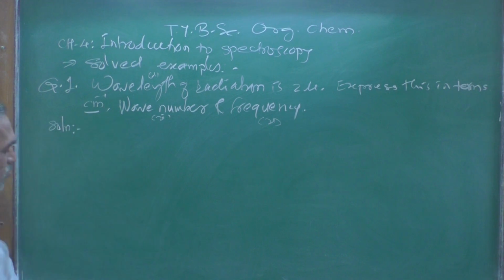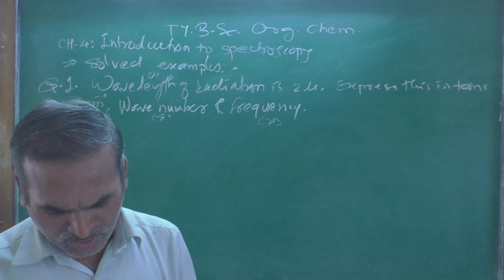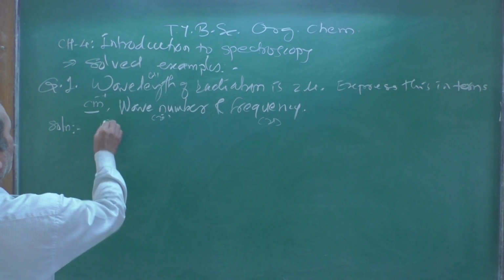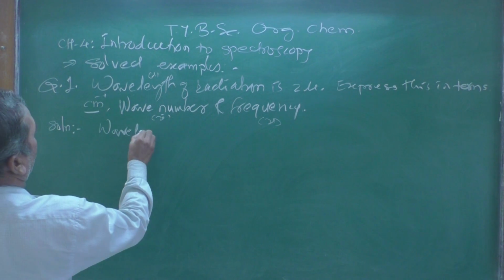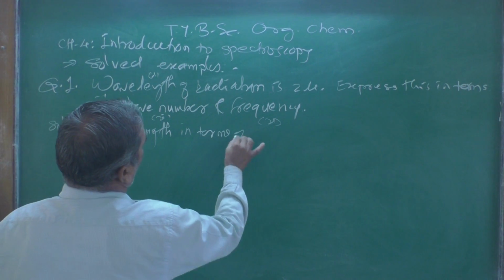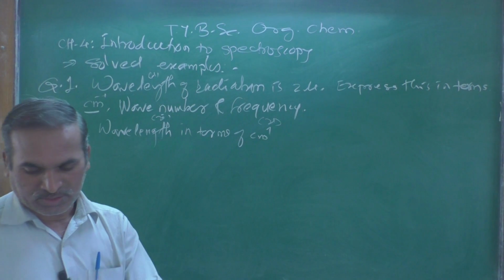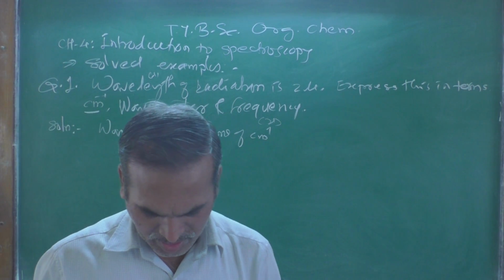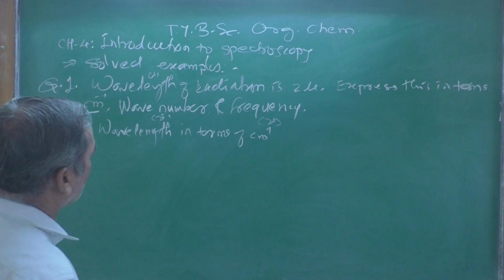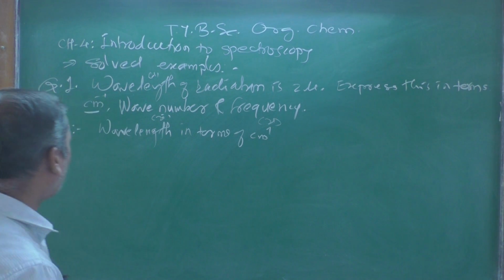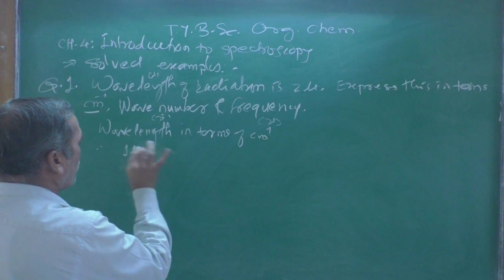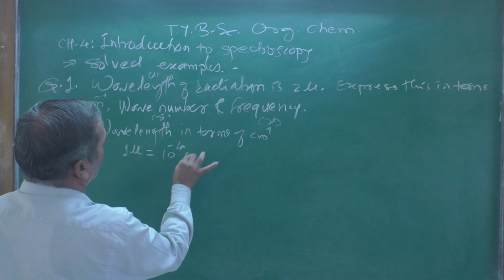Let's see the solution. First of all, we have to calculate the wavelength in terms of centimeter. The wavelength of radiation is given as 2 micron, and we know the conversion: 1 micron is 10 raised to minus 4 centimeter.